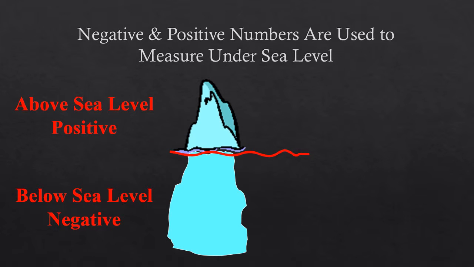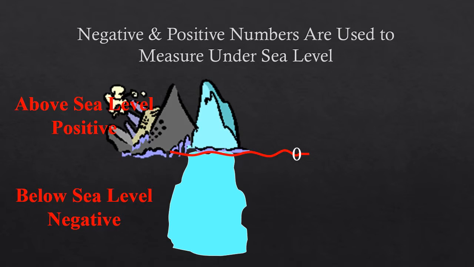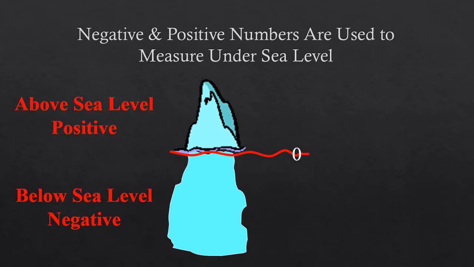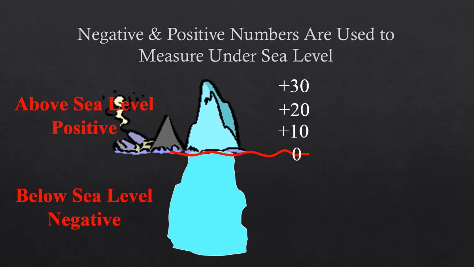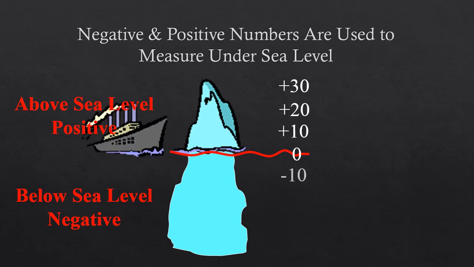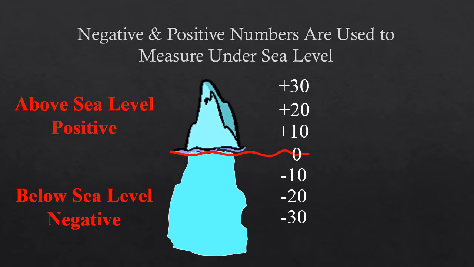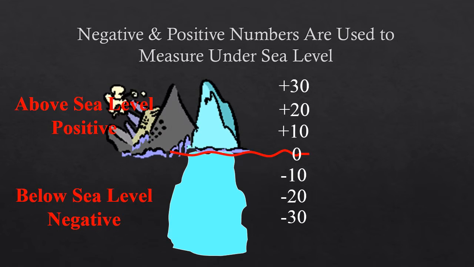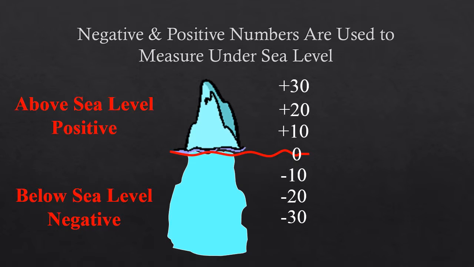What that means is you start at 0. Any number above 0 is positive, and any number below 0 is negative. So anything above 0 is considered to be above sea level, and anything below 0 is considered to be below sea level.